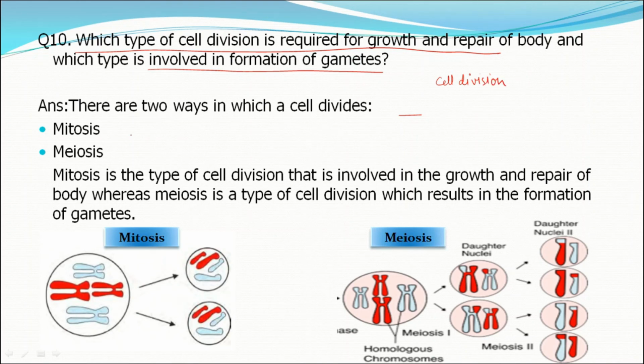Mitosis and meiosis. Mitosis is responsible for growth and repair of the cells, and meiosis is specialized for the formation of gametes. Mitosis occurs in body cells, whereas meiosis occurs in reproductive cells.